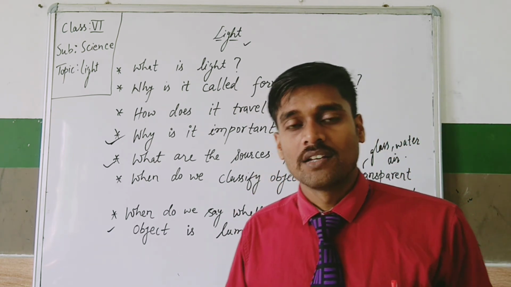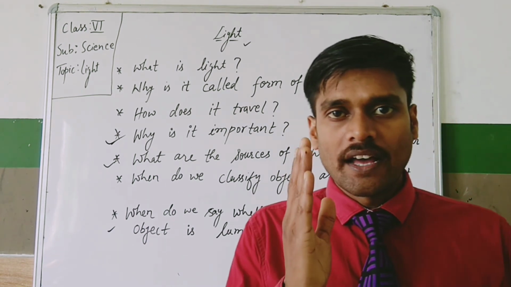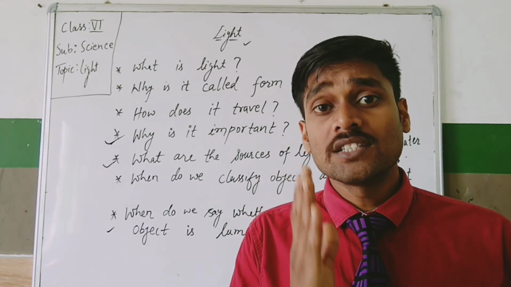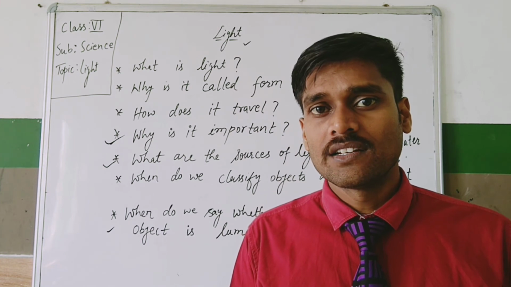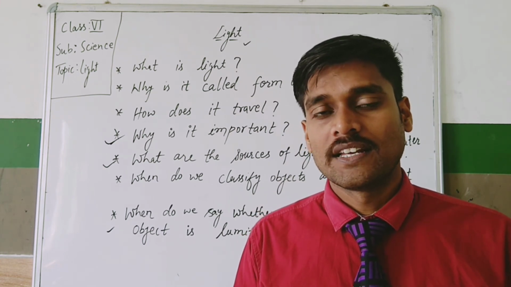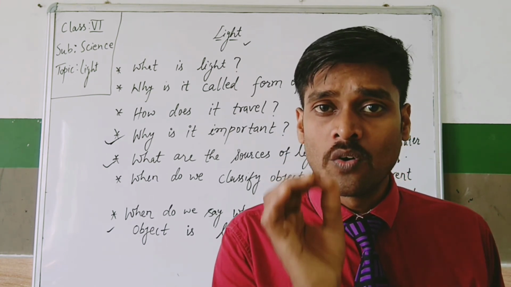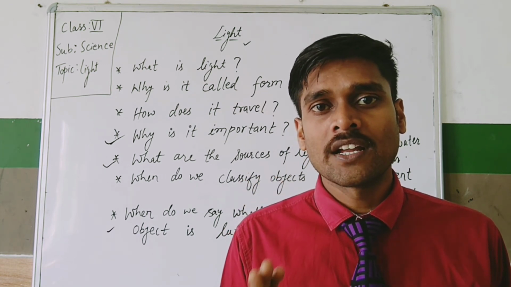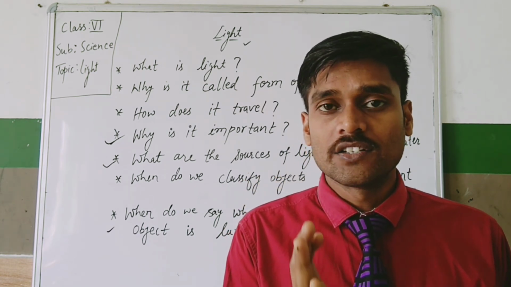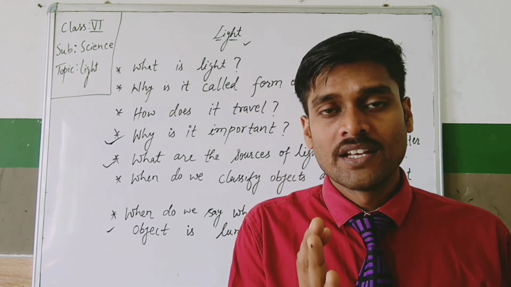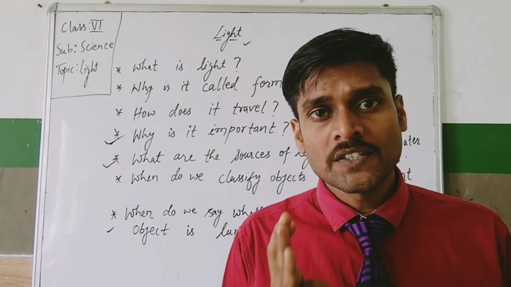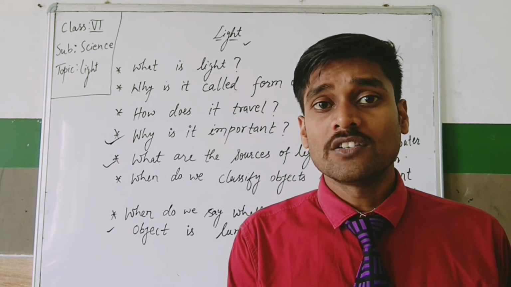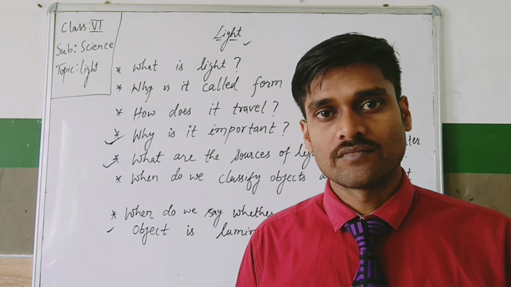Actually no. An object which doesn't have its own light is not luminous. The objects which have their own light, like the sun has its own light, the candle flame has its own light, the torch has its own light, these sources of light can be called luminous objects.